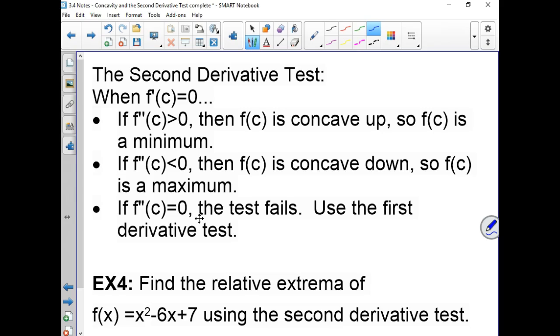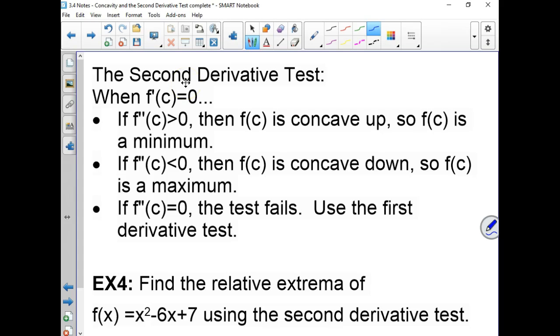Okay? So the way the second derivative test works is, first of all, our relative maximum or minimum points can only happen at the critical points of the original problem, of the derivative, I mean. The critical points come from the derivative equaling 0.